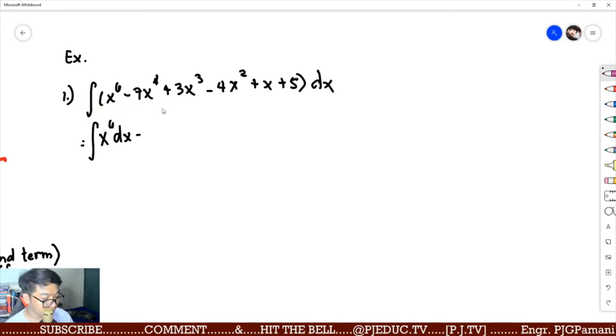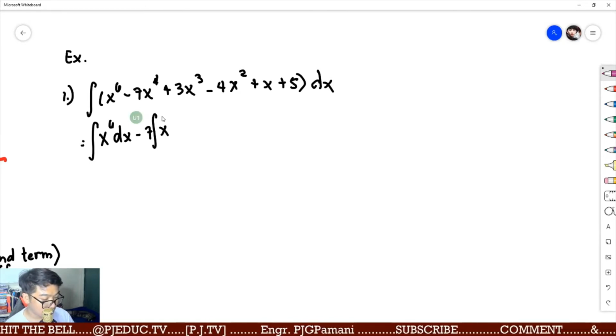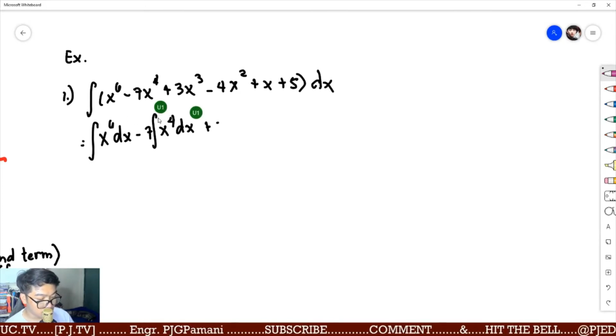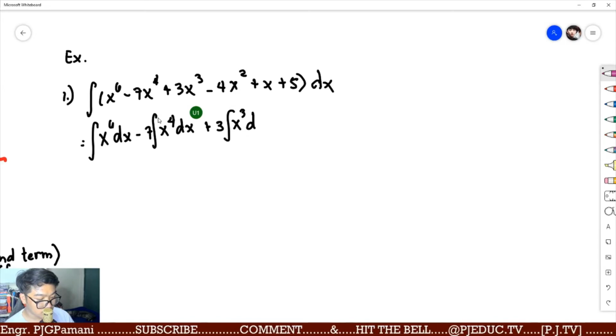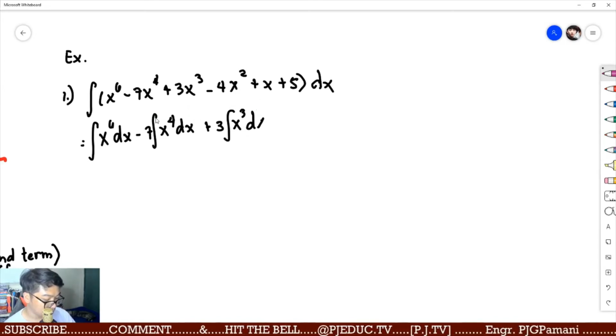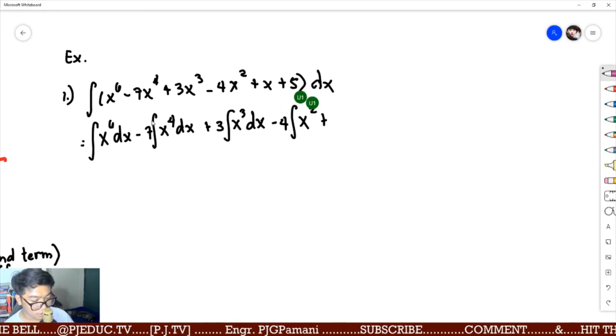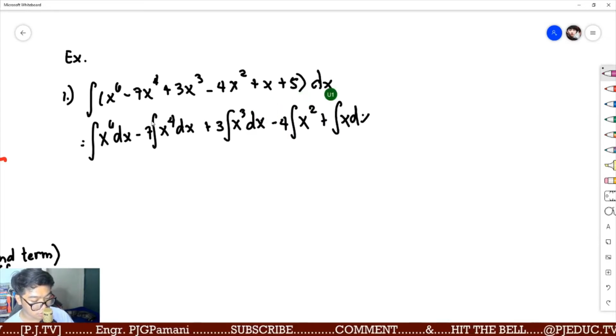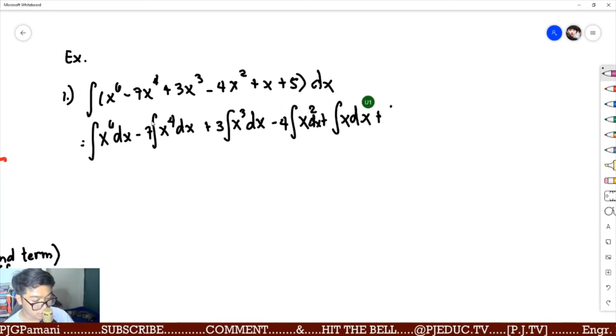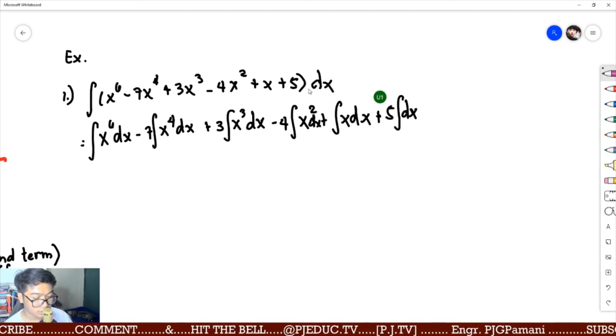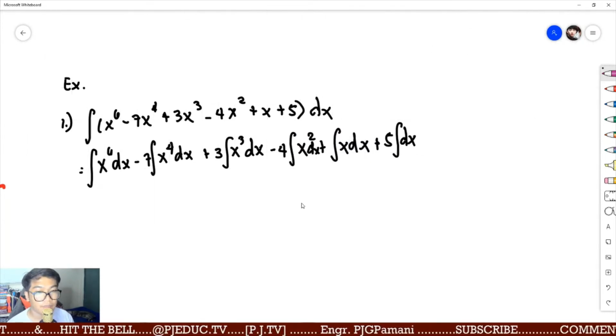We have a constant in that function, so we take the constant out. Then we'll only integrate x raised to 4 dx plus 3 x raised to 3 dx minus 4 times x raised to 2 plus x dx plus 5 dx. 5 is a constant, with no x function attached to it.